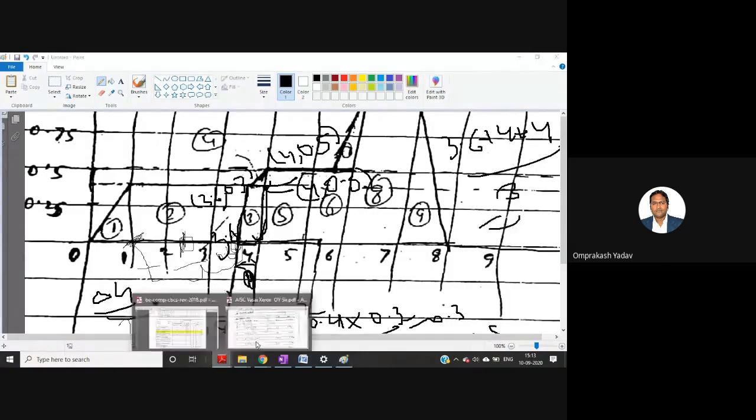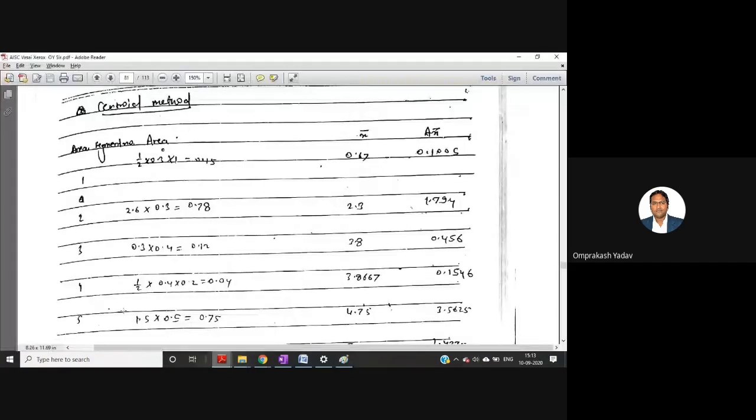Just calculate. So you will get 3.8667, something like this, and then multiply the area by that x bar.